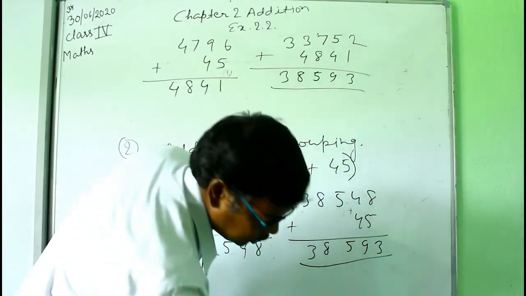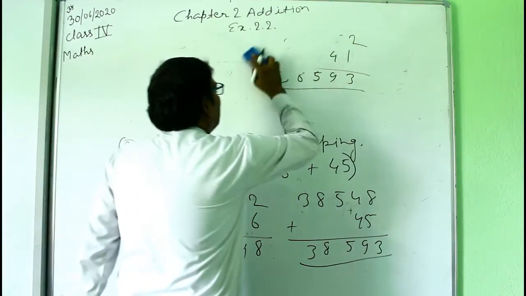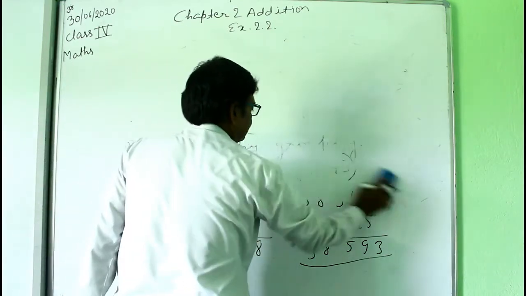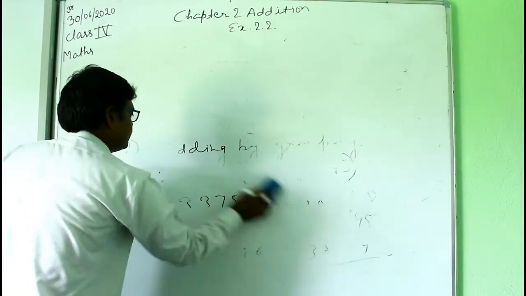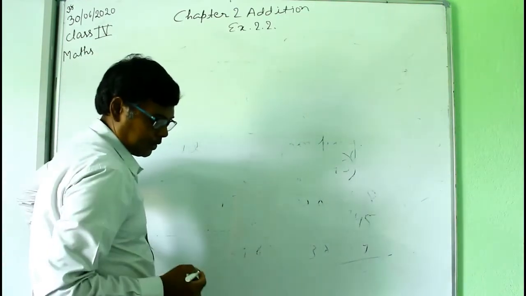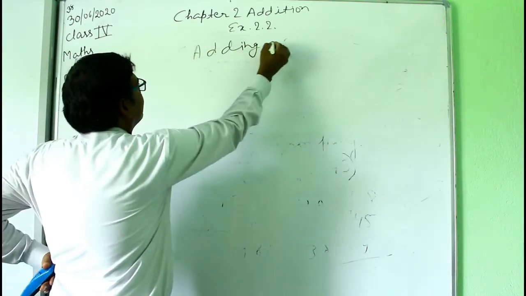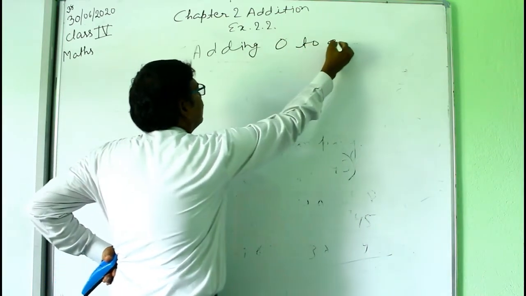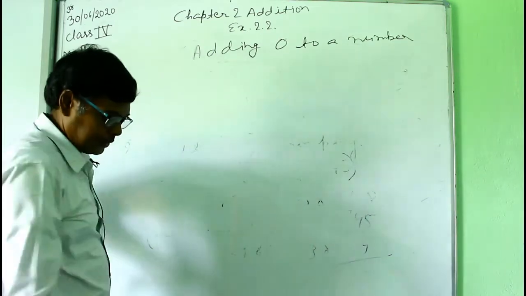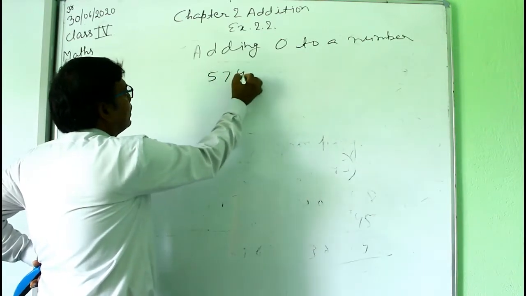Now the next is adding 0 to a number. The next property: when you add 0 to a number, the answer will be that number only. For example, take a number like 57,489, suppose.